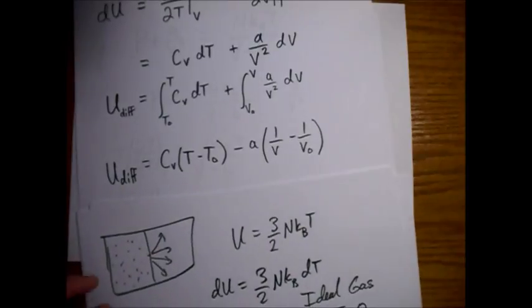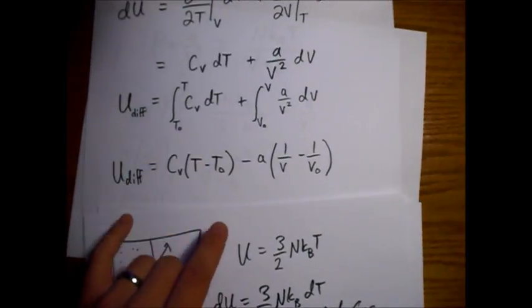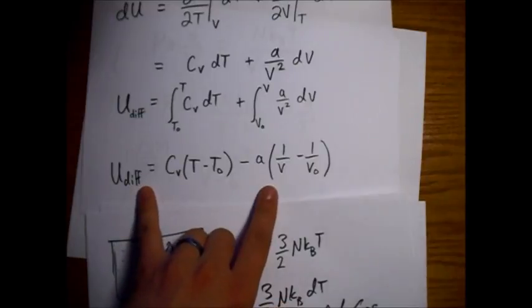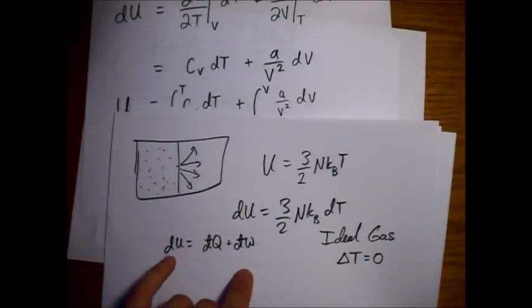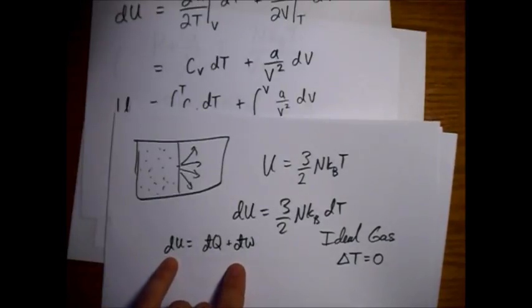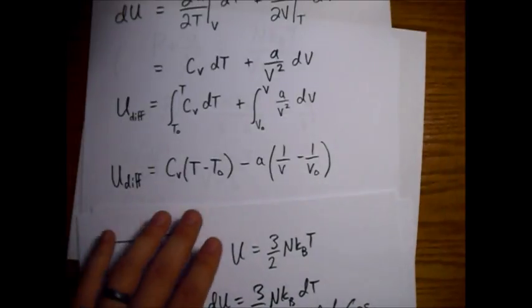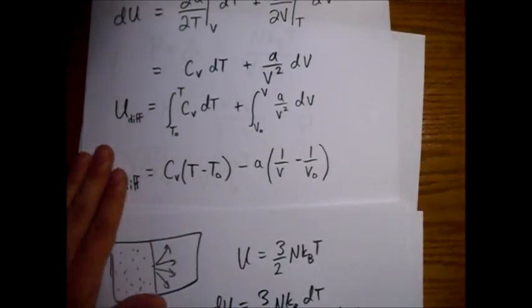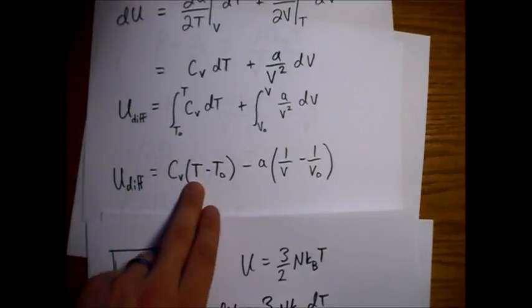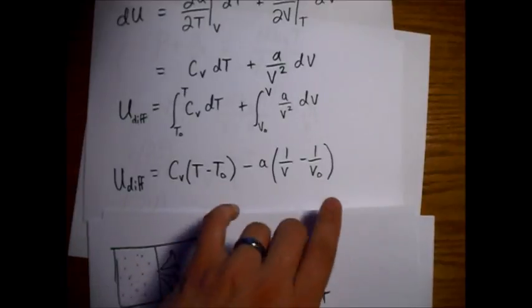All right. Okay, so for free expansion, for the van der Waals gas, now we have this difference in internal energy. For van der Waals gas, we have this equation for internal energy. Anyway, it's between the temperature and the reference temperature, right?